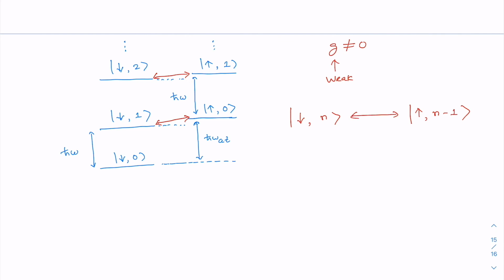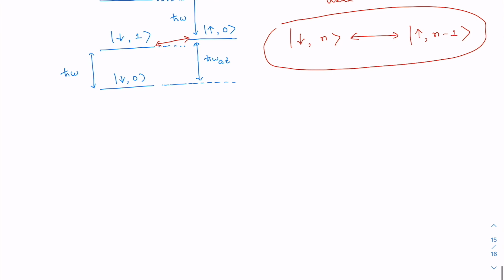And the matrix element in the Jaynes Cummings Hamiltonian which connects these two states can be worked out very easily. So let me work that out.